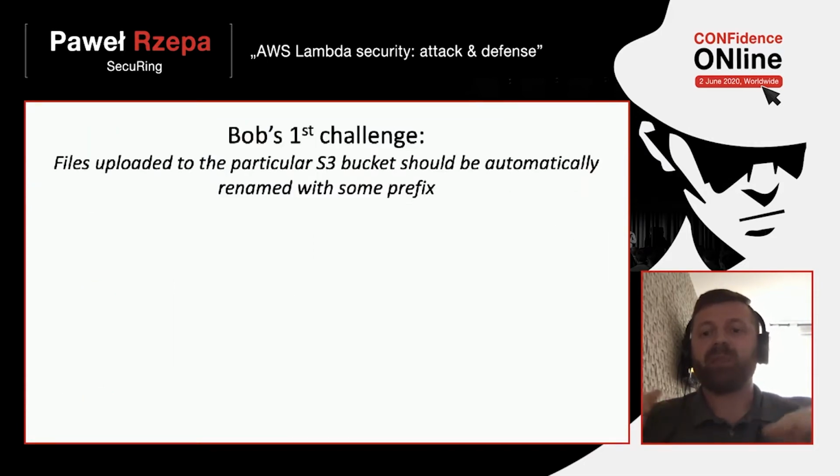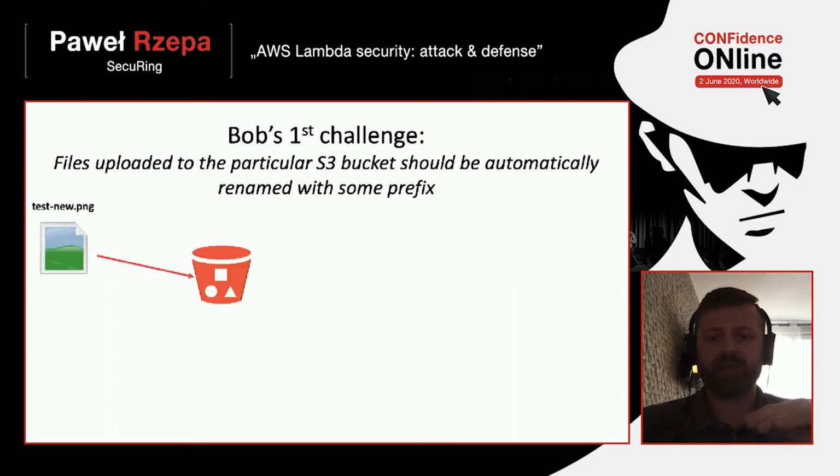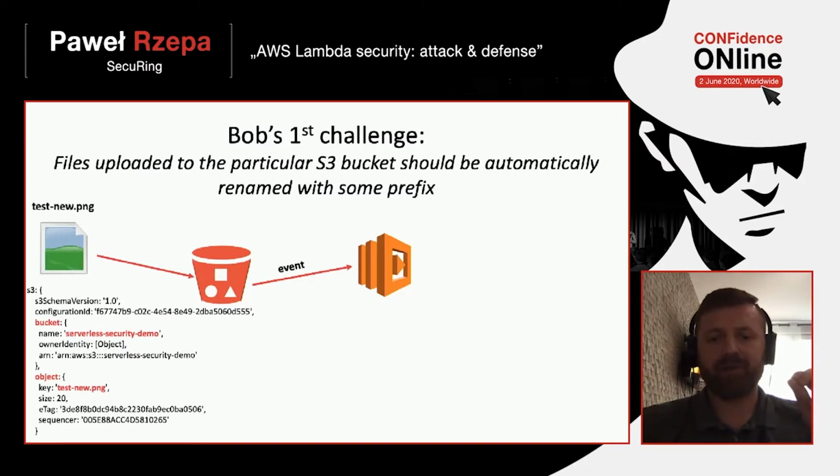All right, enough introduction. Let's take a look at Bob's first challenge. Files uploaded to a particular S3 bucket should be automatically renamed with some prefix. Pretty easy task. So the idea here is simple. Once the file named test_new.png is uploaded to the S3 bucket, the event triggers the Lambda runtime environment.